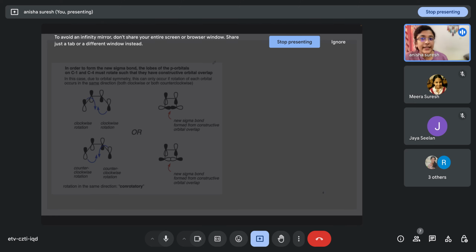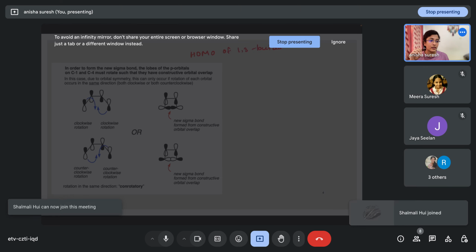So, for the electrocyclic ring closure to take place, in order to form the new sigma bond, the lobes of the p orbital on C1 and C4 must rotate such that they have constructive orbital overlap. So, we will be considering the HOMO of 1,3-butadiene, that is psi 2.